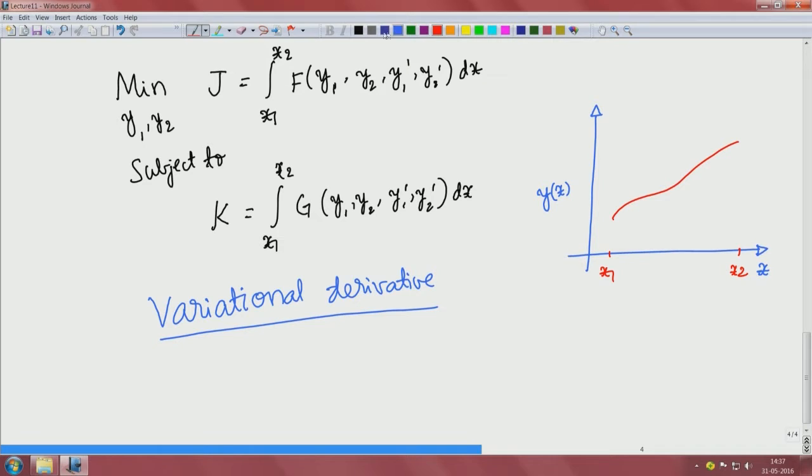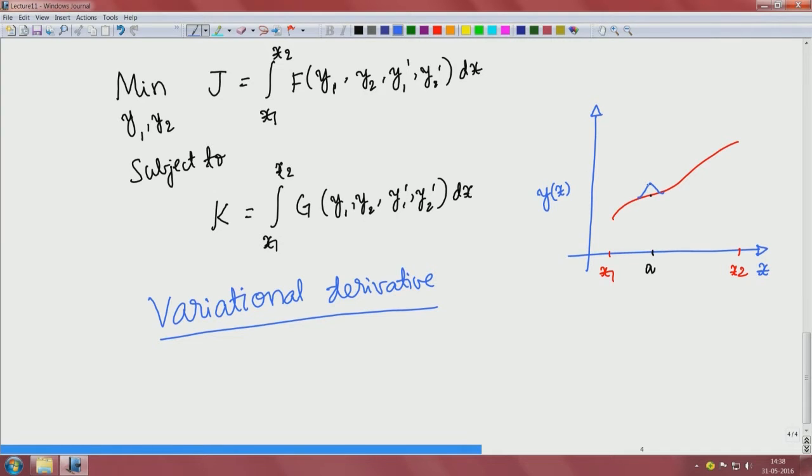Now, if we make a small perturbation at some point, let's call this point A, and I pull it up here, right, there will be a little change and the function becomes like this.